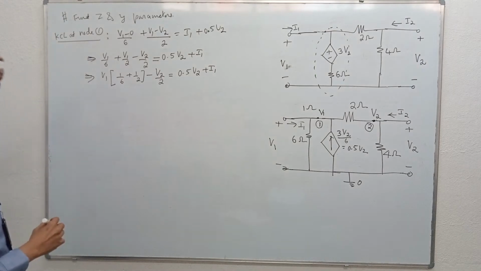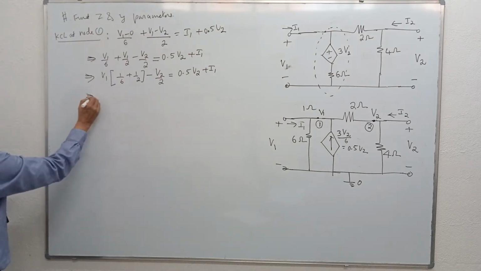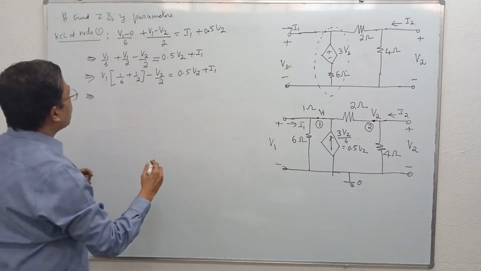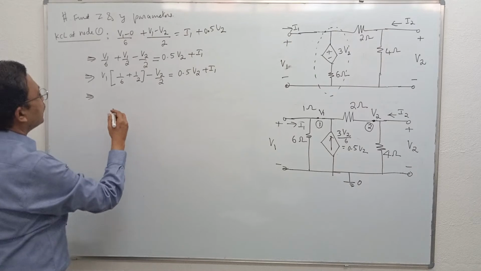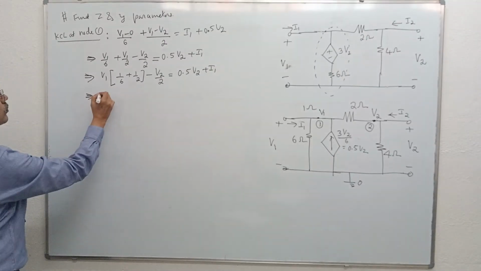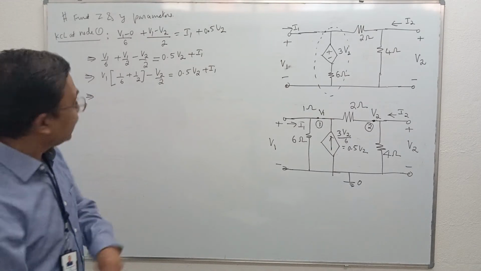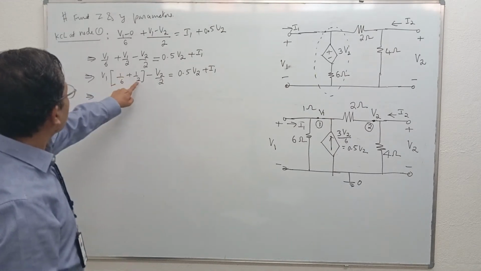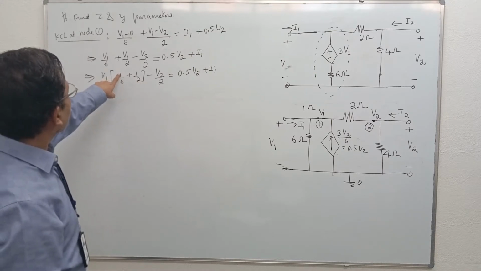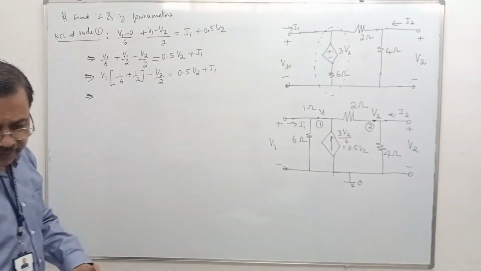How much is 1 by 6 plus 1 by 2? Taking the LCM, 2 plus 6 is 8, so 8 by 6.